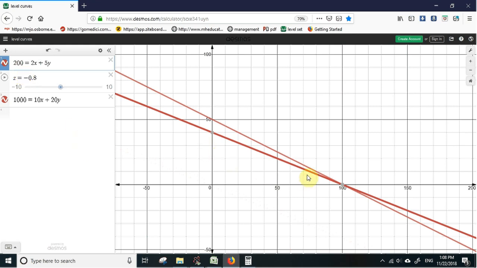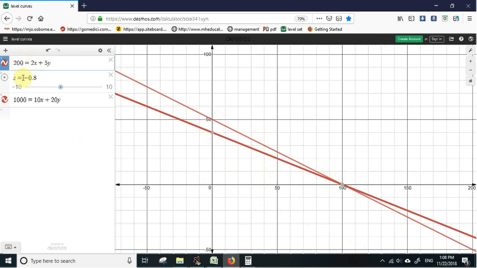So in this case, the consumer's indifference curve passes through this point, but he can go upwards to a higher utility level if he spends here. So spending on the first commodity does not maximize his utility.